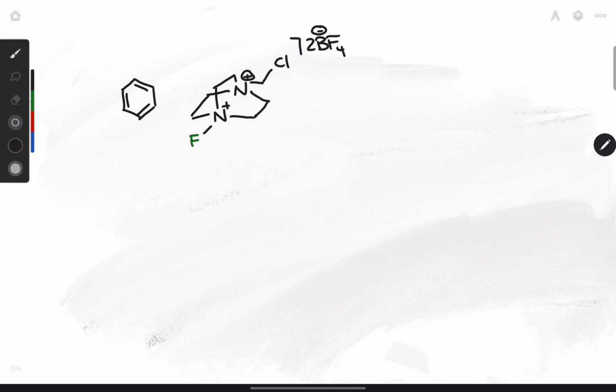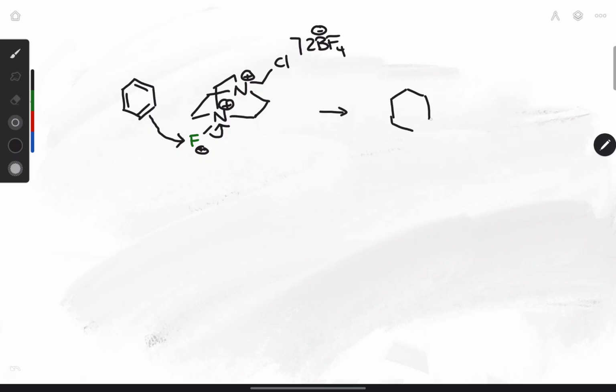You just draw these guys in. As you can see here, this positive charge, this bond can move into there, which allows for an electrophilic attack of this fluorine here, because since this bond moves there, it becomes positive here, allowing for the electrophilic attack of the benzene there.